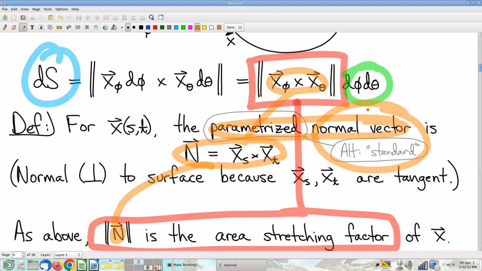You make sure to distinguish between the underlying surface itself versus the parameterization that you're using for the surface. Because there are lots of parameterizations. Each parameterization will give you a different capital N. I just think it's weird to have a bunch of different capital N's and call them all standard. So anyway, whatever. It's just terminology. Anyway, there you go.